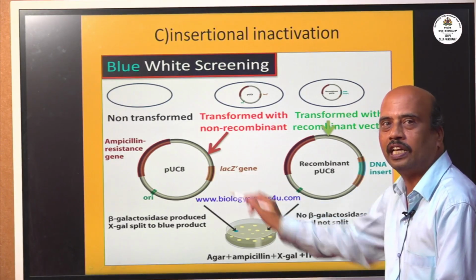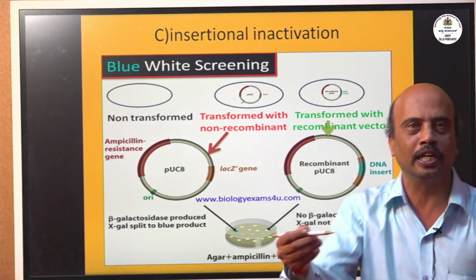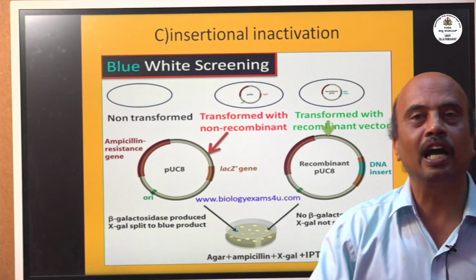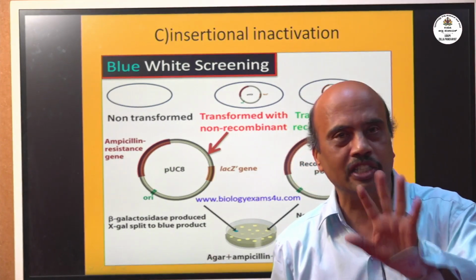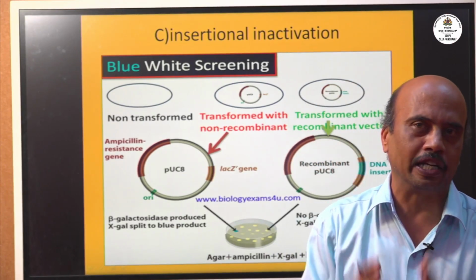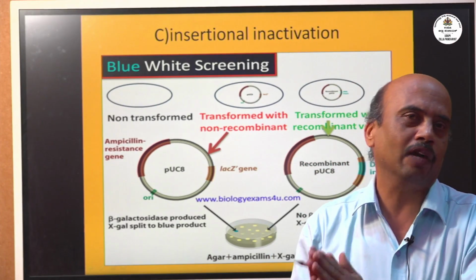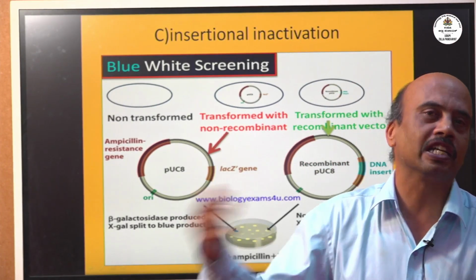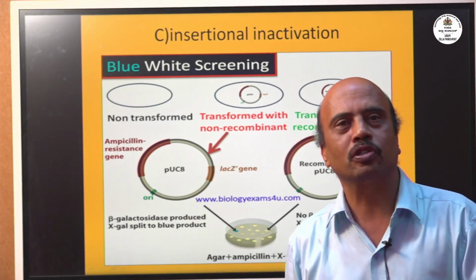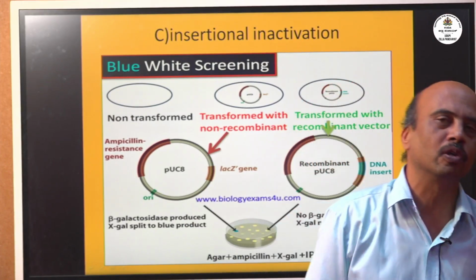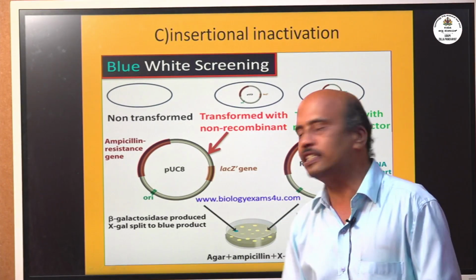LAC-Z gene is responsible for producing beta galactosidase enzyme. You have studied the three structural genes in the lac operon concept: LAC-Z, LAC-Y, LAC-A. LAC-A produces transacetylase, LAC-Y produces permease, and LAC-Z produces beta galactosidase enzyme.